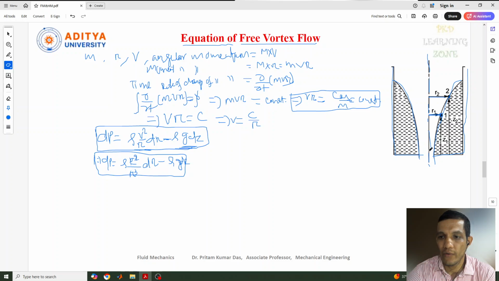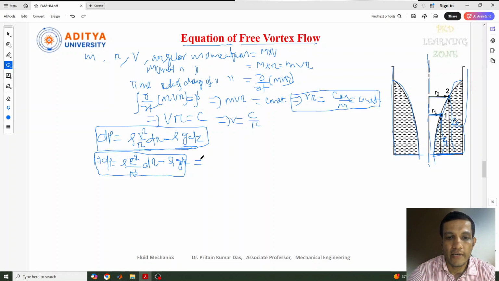The distances from the base to these points are z1 and z2. This is z2 and this is z1. Now we can integrate the equation we got by considering these points. Why have I shown these points? By considering these points we are going to integrate this equation.